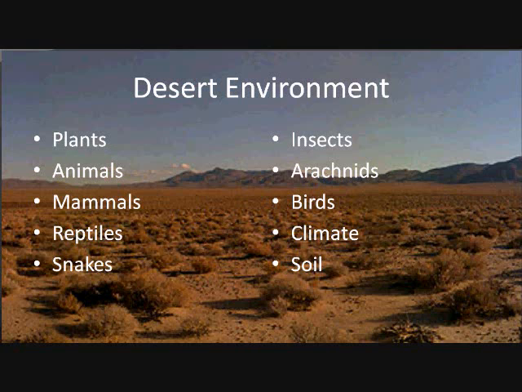You could also have different types of reptiles, snakes, insects, arachnids, birds. You may want to talk about the climate or the soil. And again, that's all up to you and the environment that you live in.